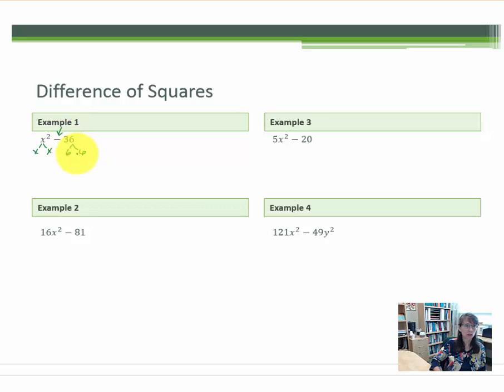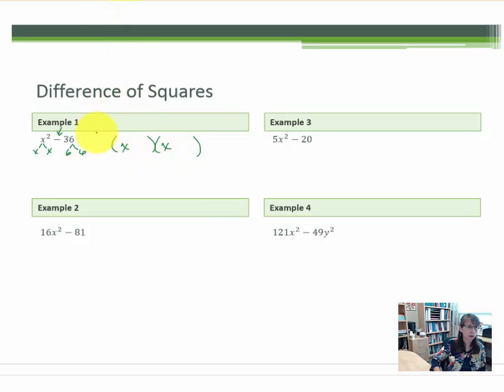The way these will factor is into 2 binomials, going directly to the answer. We're thinking of the square root of these terms. X squared is the factor x times x, so that fills in the first term of each binomial.